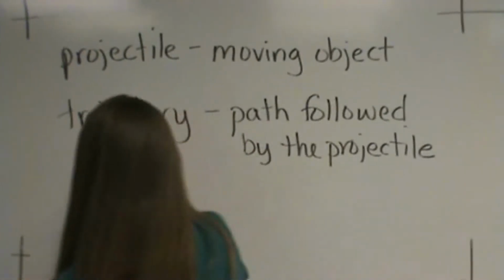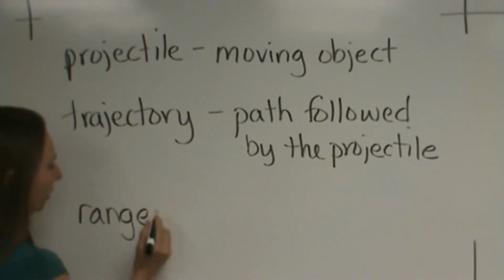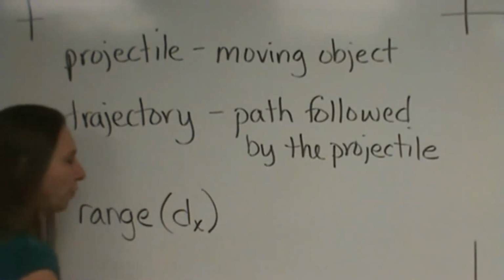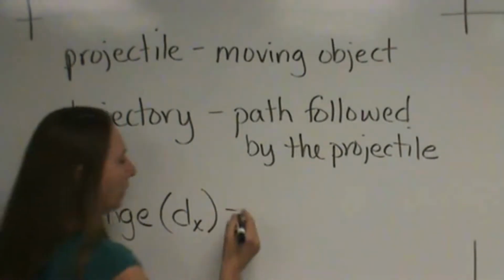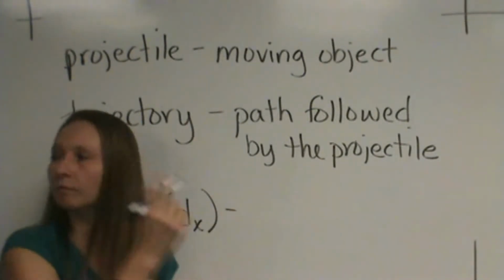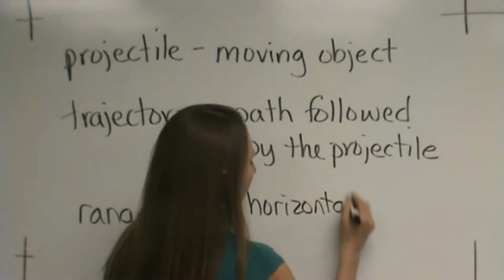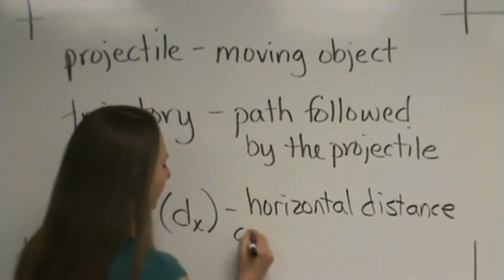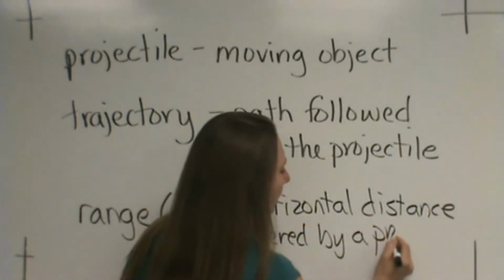The other vocabulary word is the word range. The symbol for range would be dx, for distance in the horizontal direction, and that would be the horizontal distance covered by a projectile.